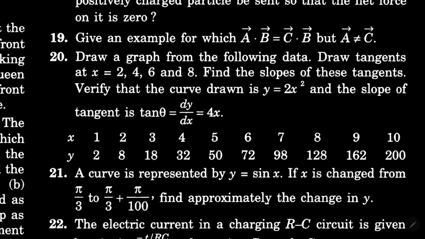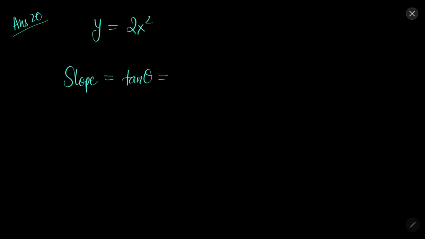In question 20, we need to draw a graph from the following data. So this is the 20th one. If you look closely at the data, you can easily see that y is equal to 2x square, and this is like a parabola. So the graph will be like a parabola, and the slope, or tan theta angle, can be found out by differentiation, that is dy by dx. Taking the differentiation, you will get 4x.